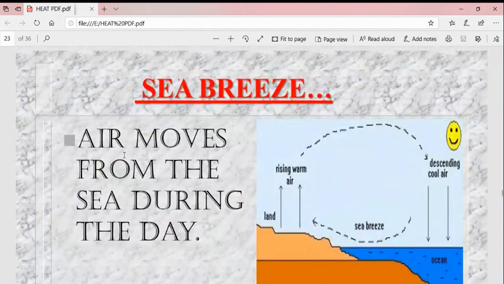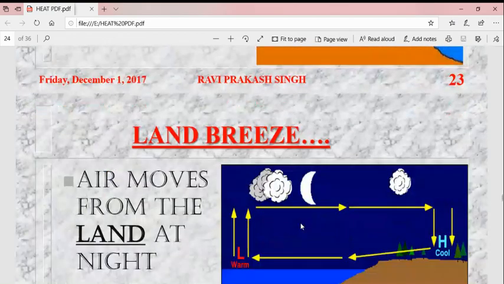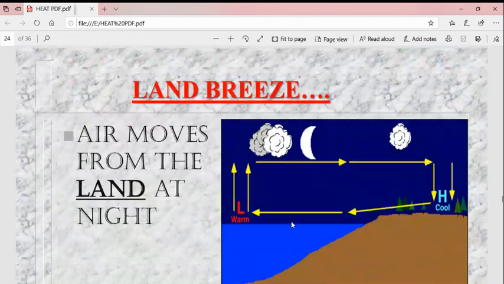Yes. So sea breeze: air moves from the sea during the daytime, and here it becomes hot or warm, and again it rises up and the cool air descends. This is the sea breeze. Now what happens in land breeze? Same, but it takes place during the night time, exactly opposite to sea breeze.